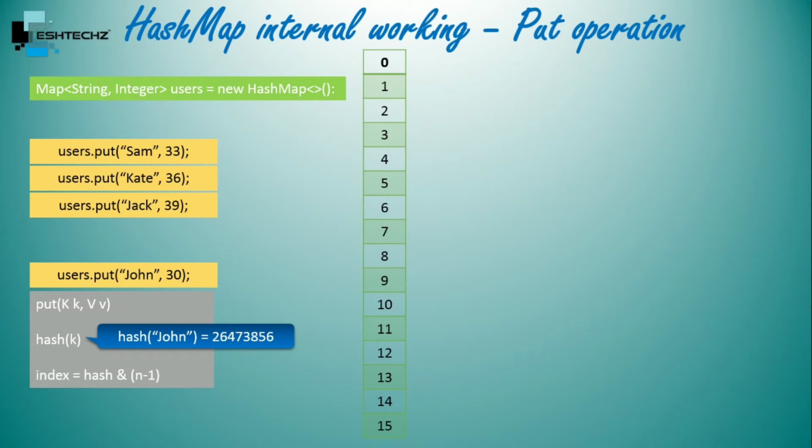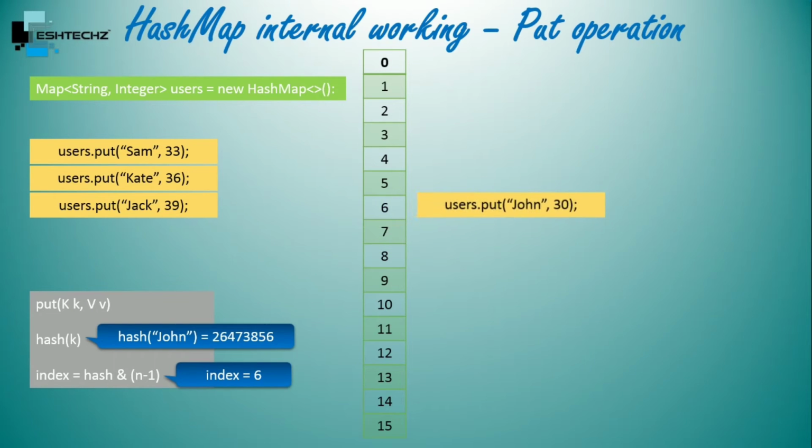Now this is the hash code, and using this hash code, the index will get calculated. So let's say the index is 6. So now we identified that this value should go to the 6th bucket. And there it is. And this is how the value gets stored in HashMap.